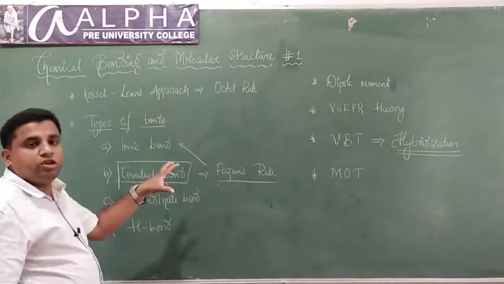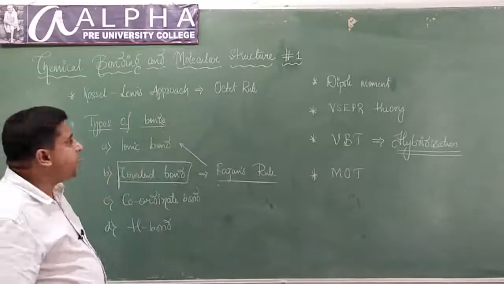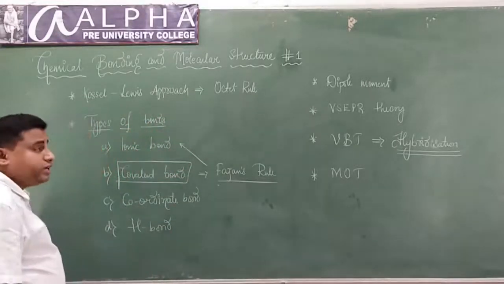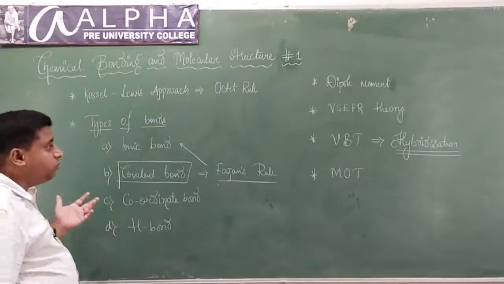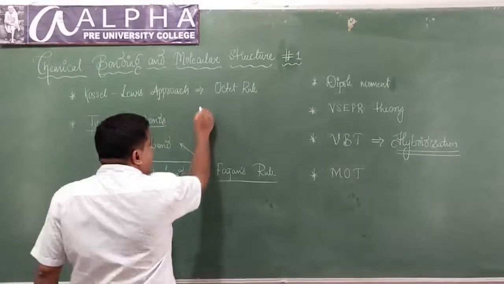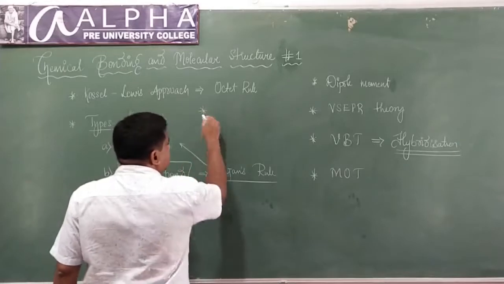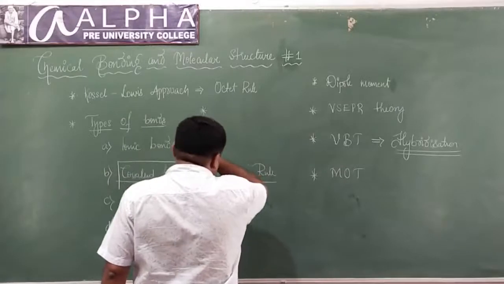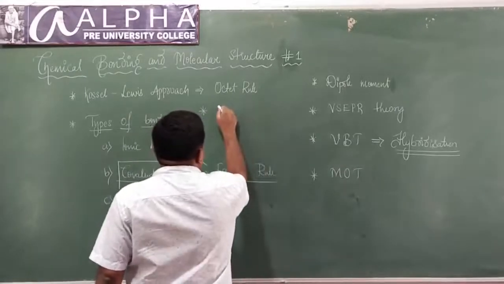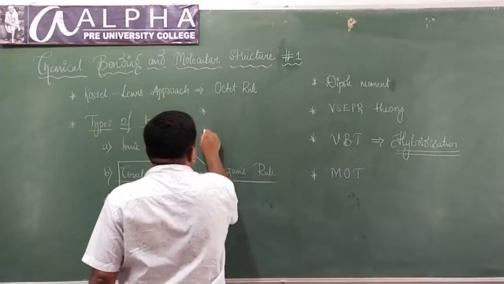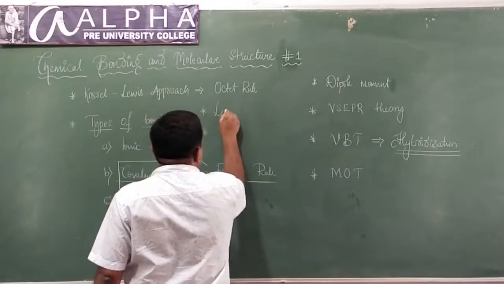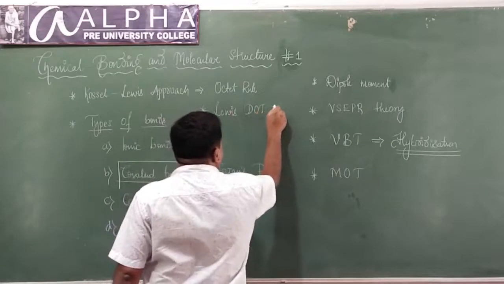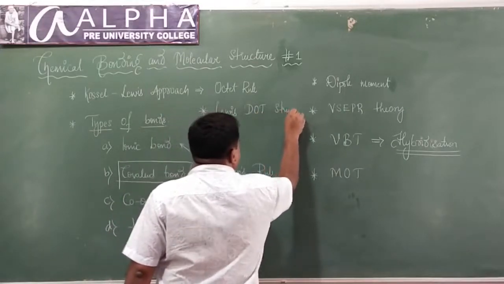We will stress more about all these concepts. That is the Kossel-Lewis approach, which we call the Octet Rule. And I forgot to tell you, here we should also learn how to write the Lewis dot structure.